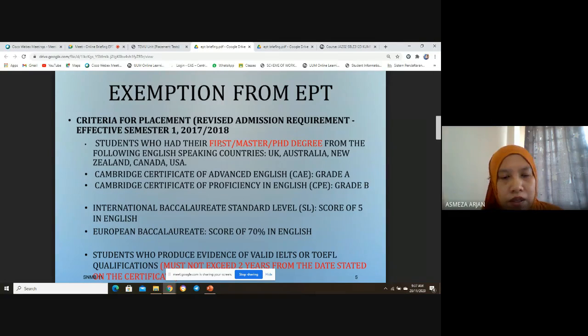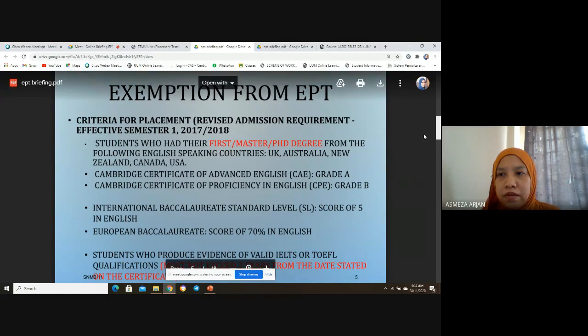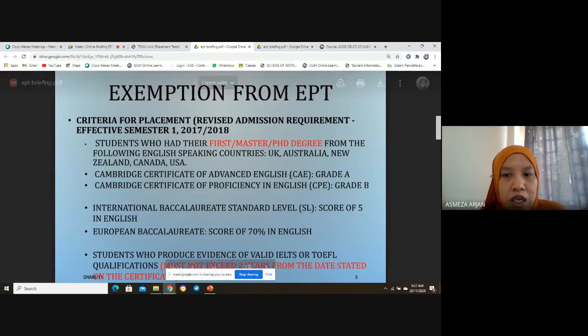Diploma is not one of it. Okay, and if you have taken Cambridge Certificate of Advanced English (CAE) Grade A, or CPE Cambridge Certificate of Proficiency in English Grade B, then you can also be exempted.